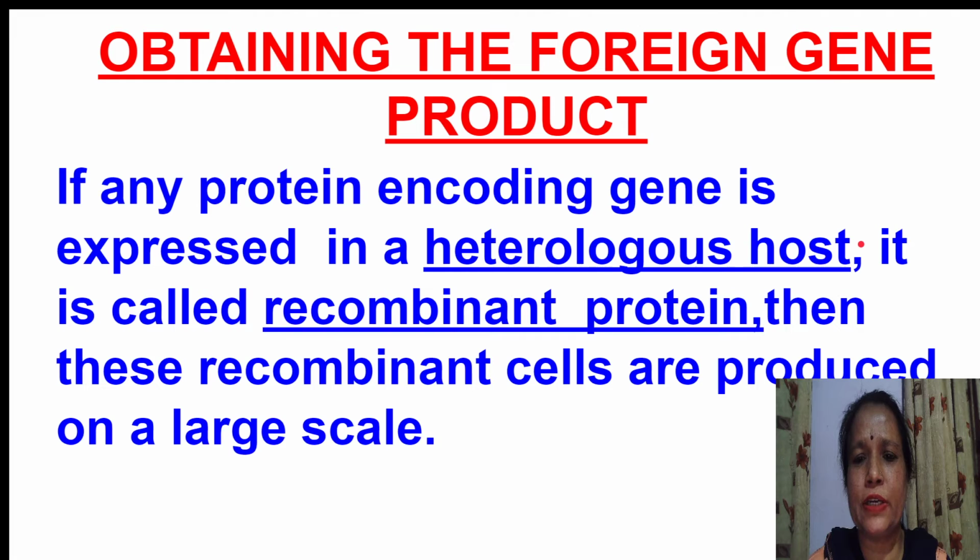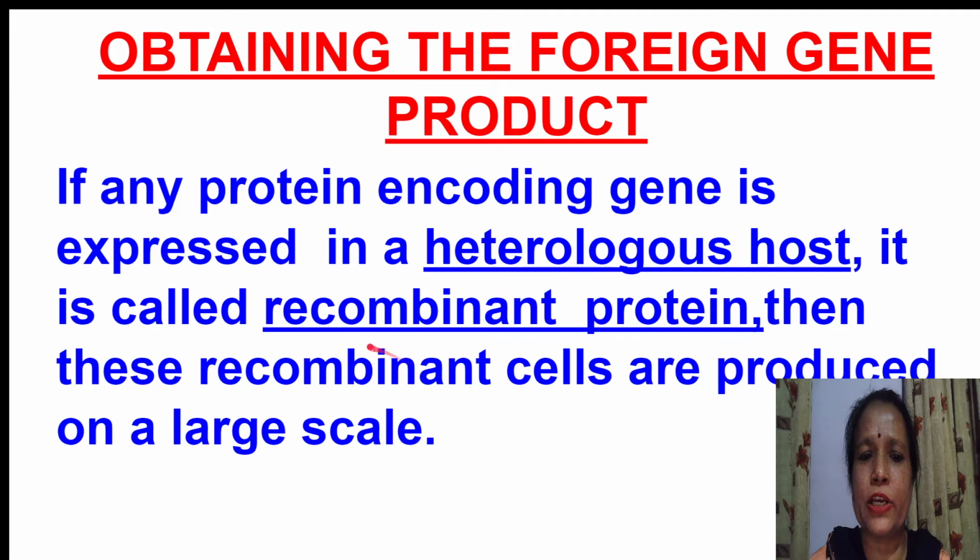So, if we take an example of insulin, insulin is a gene of humans and it is introduced into E. coli. So it is not a gene of E. coli. There it will express itself in that host. That host will be known as heterologous host.